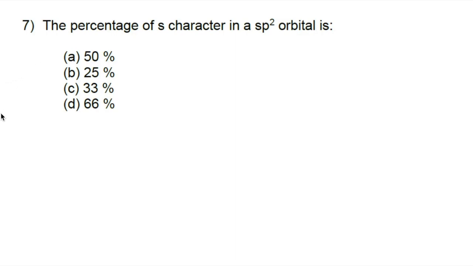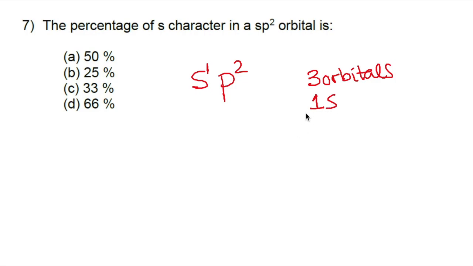The next question is asking about the S character of the sp2 orbital. To do that, remember we have sp2 orbitals here and the S is like if you had a 1, so in total you have 3 orbitals. And one of them is S. So if you put this in the form of a fraction, 1 out of 3 will be S, which is equal to 33%.